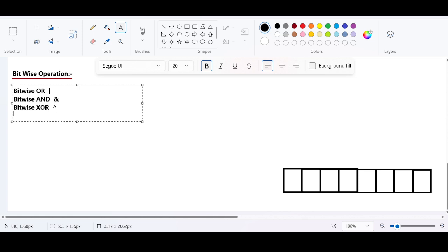And you have the bitwise complement operator, and this is the symbol for it. I'm not finding that symbol. This is the symbol.